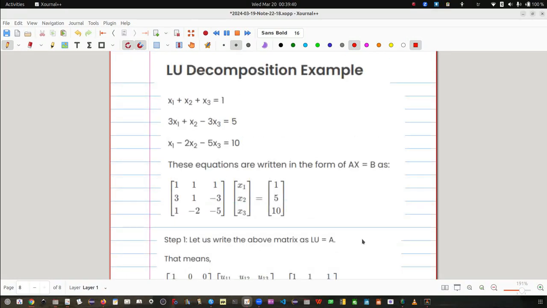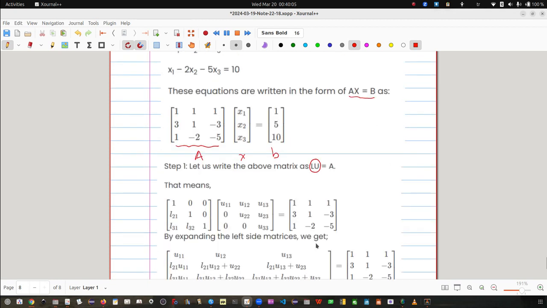In our example, we have three equations, three unknowns, and if you write down the coefficient matrix, the coefficient matrix is here, which is A, this is X, and this is B. So now this is the form of Ax equal to B. And now we want the decomposition of A into LU. The lower matrix is this one, and the upper matrix is this one.